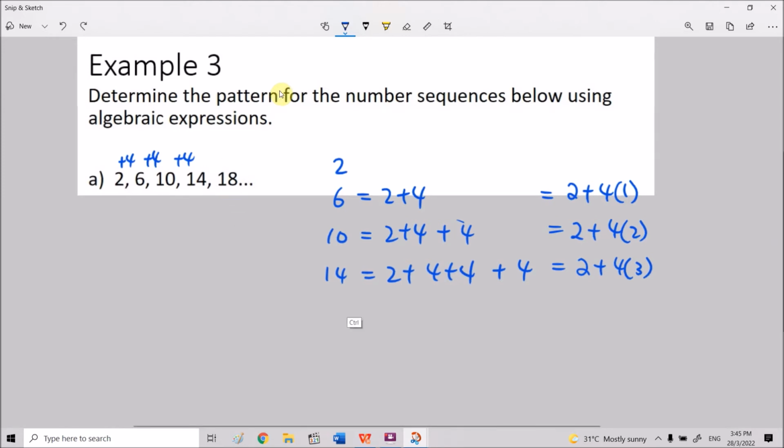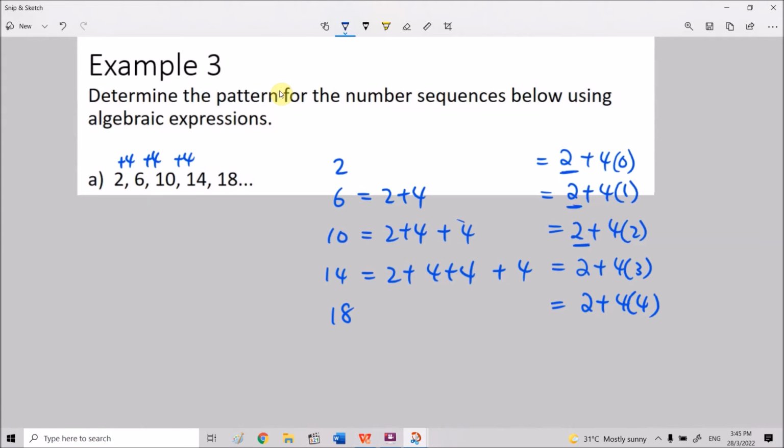And of course the last one here, the 18, if you want to write, it becomes 2 plus 4 times 4. And back to the first one here, we have 2 plus 4 times 0. This example is different than the previous one because now we are starting from 2. So it does not always start from the value of 1. It depends on your initial term, the first term.